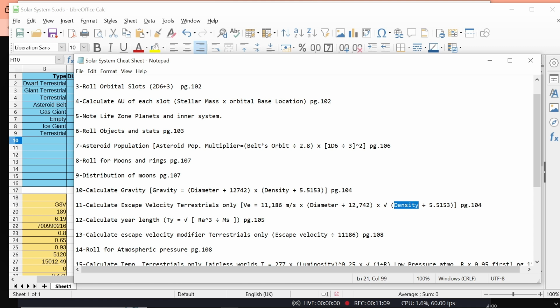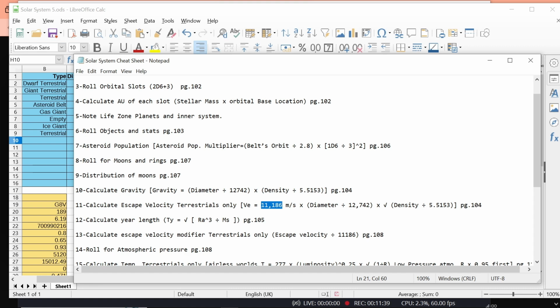So what we have is, again, density divided by 5.5153, but we're going to take the square root of that number and use that. And then we're going to multiply that by the diameter divided by 12,742, and we get a new number. And we take that number and multiply it by 11,186, which I assume is the escape velocity of the Earth.